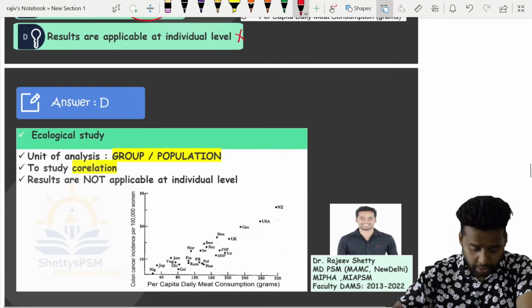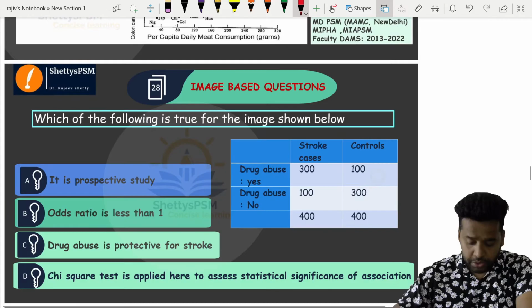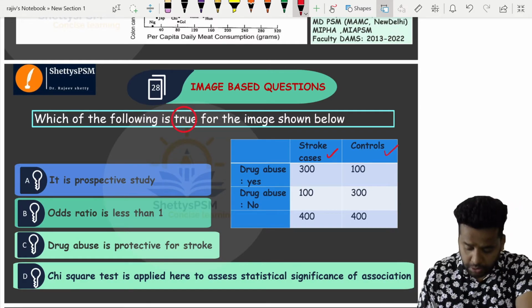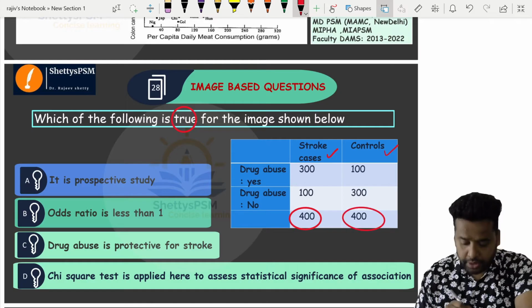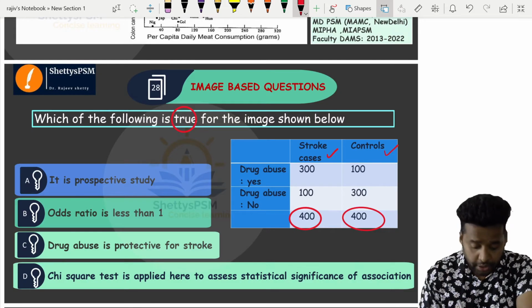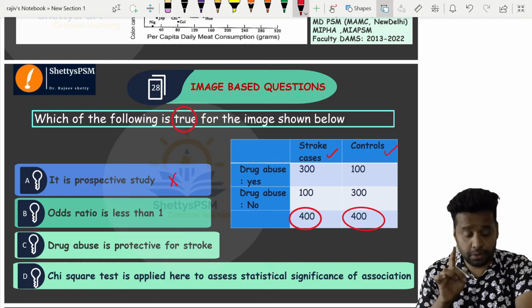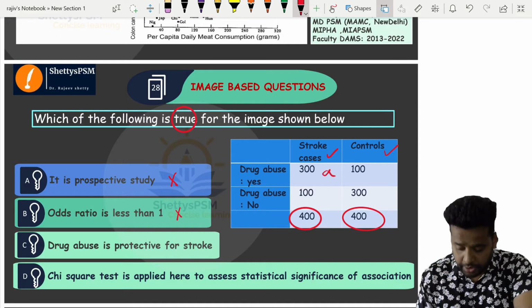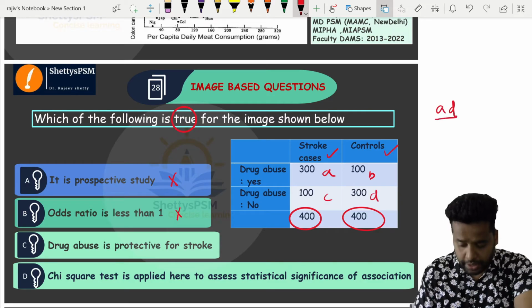It is an ecological study. Which of the following is true for the image shown below? Cases and controls is what they are taking. It is a case control study. It is prospective? No, it is retrospective. Odds ratio is less than 1? No. You can see here, if I say A, B, C, D, odds ratio will be the cross product AD by BC.